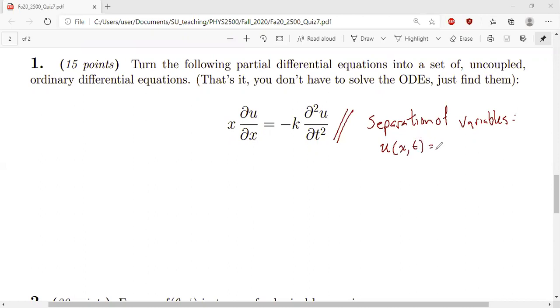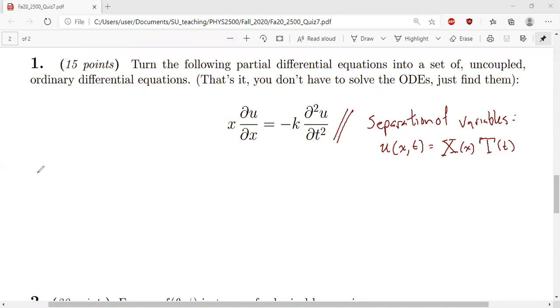So we have u of x and t, and we can separate that solution into two factors. I'll be uncreative as usual and say capital X of x and capital T of t. So there's a product form for the solution.